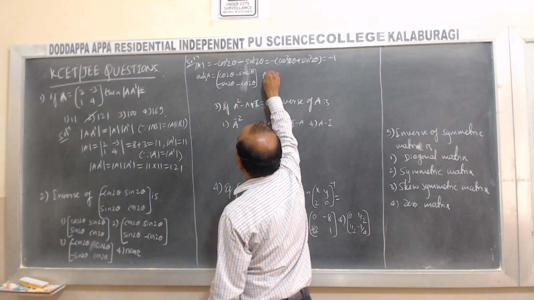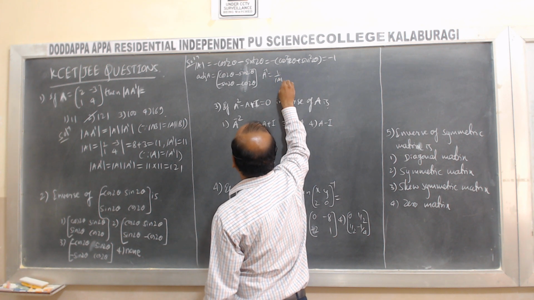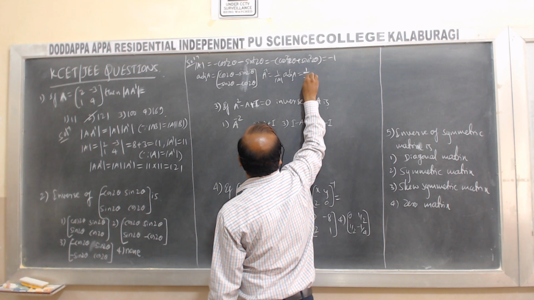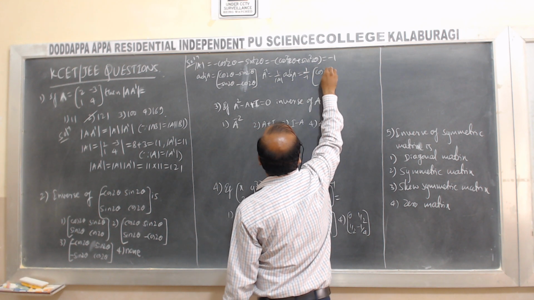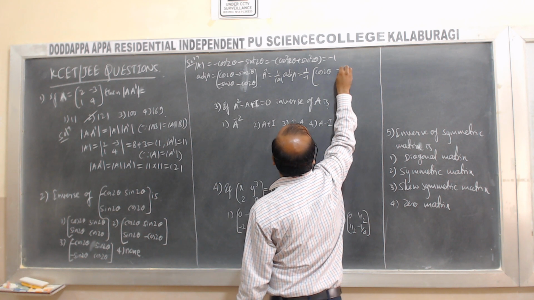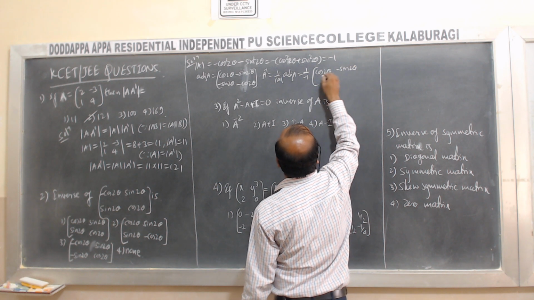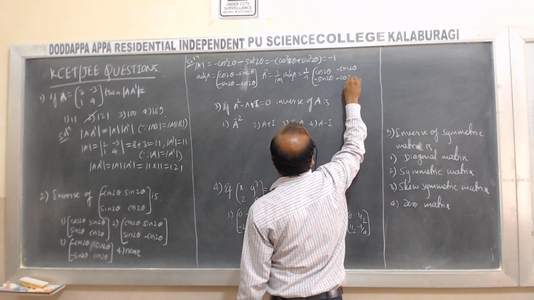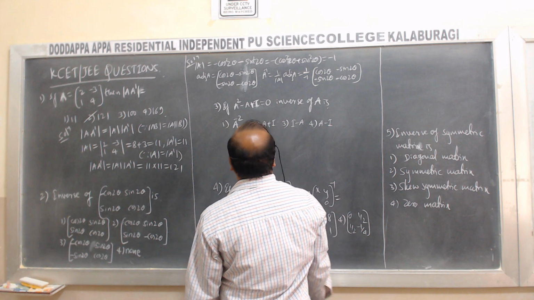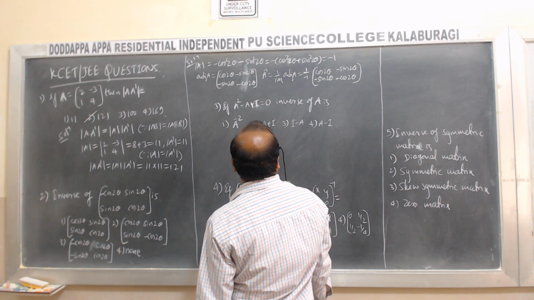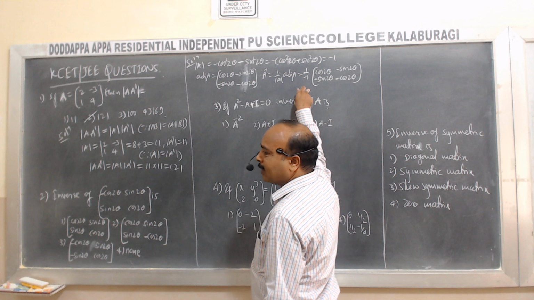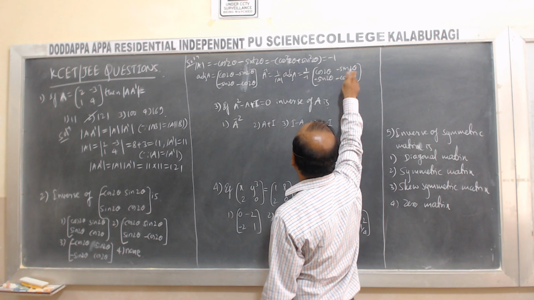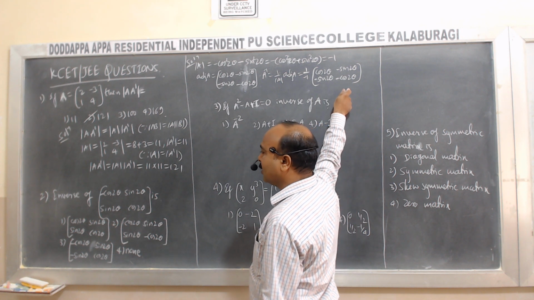Next, A inverse is given by 1 by determinant of A into adjoint of A, it is 1 by minus 1 into [cos 2θ, minus sin 2θ; minus sin 2θ, minus cos 2θ]. This is what we get. Now if we multiply all the elements by the minus sign, we get the result [minus cos 2θ, sin 2θ; sin 2θ, cos 2θ].